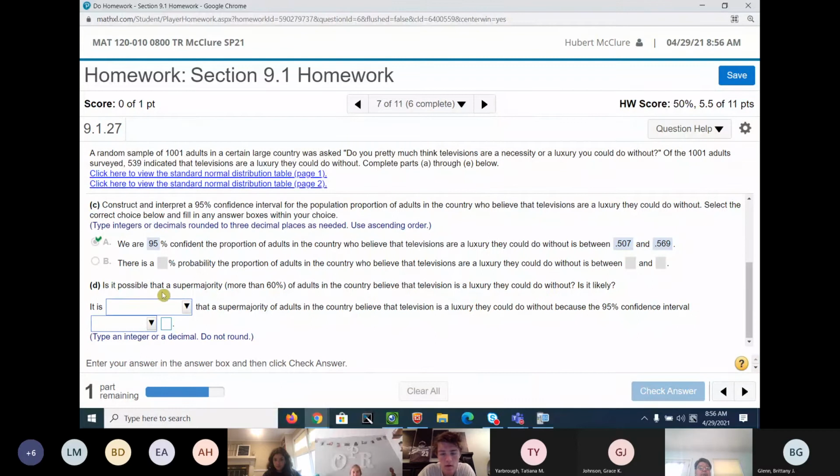Is it possible that a supermajority, more than 60% of adults in the country, believe the television is a luxury they could do without? Is it likely? Well, 60% is point what? 0.60, right?